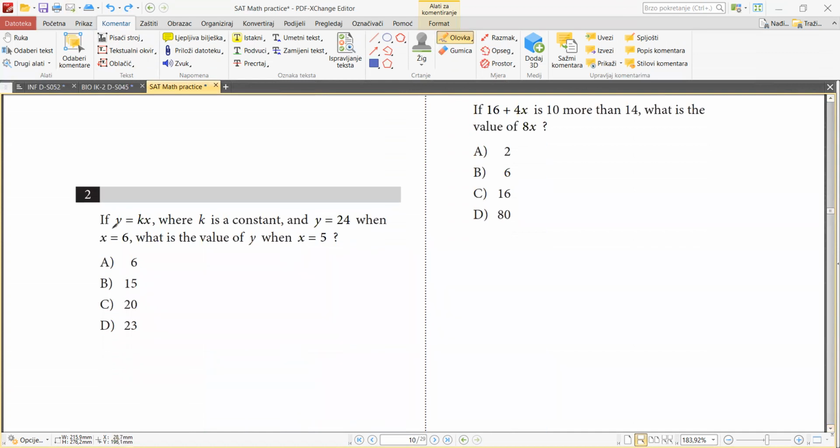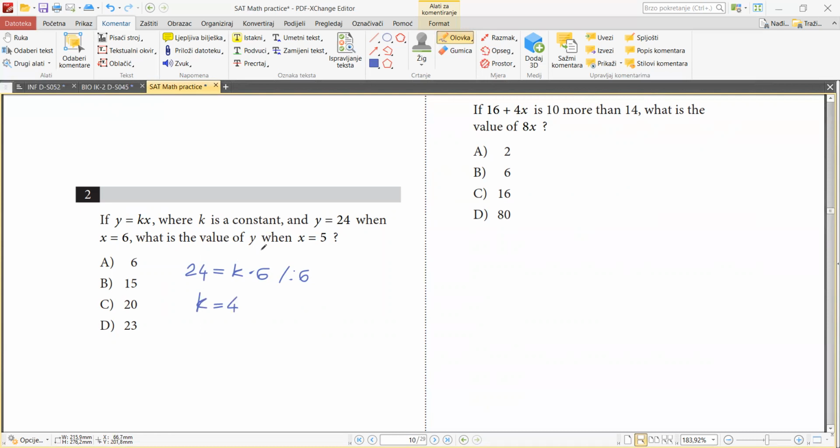Question 2. If y equals k times x, where k is a constant, and y equals 24 when x equals 6, so we can write 24 equals k times 6, and we can divide by 6, and we get k equals 4.